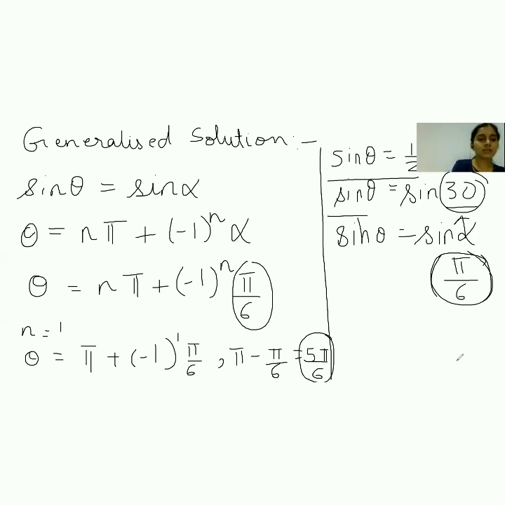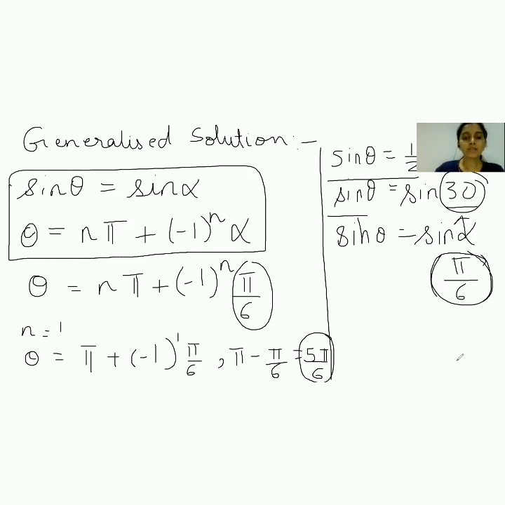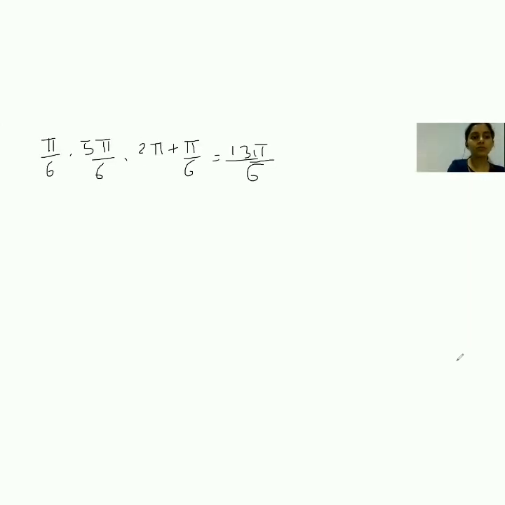So what is the generalized solution for sine theta? That means what is the value of theta over here? N pi plus minus 1 raised to n alpha. Okay, let's go to the next one. What will be the next one? It will be cos theta.